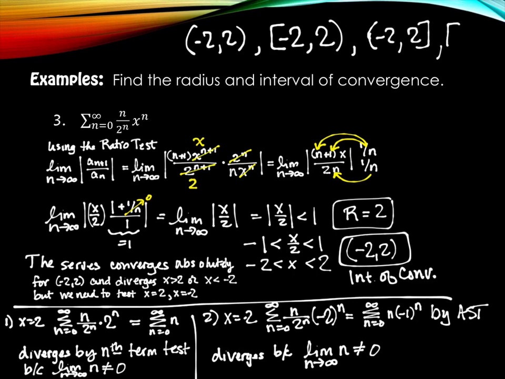Or they could have both worked. And that's what we're trying to decide as we test the endpoints in steps 1 and 2 down here at the bottom. Writing the interval is just like domain notation, same as domain notation and range notation.